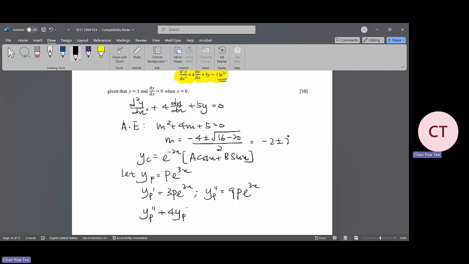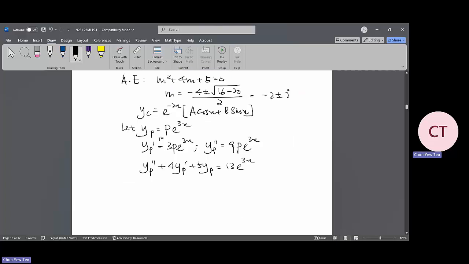Y double prime plus 4y prime plus 5y will equal to 13e power 3x. So just substitute accordingly. You will get 9B plus 12B plus 5B, e power 3x, is equal to 13e power 3x. So you will get 26B is equal to 13.